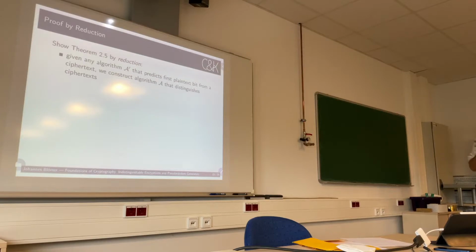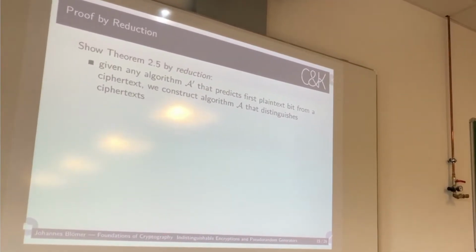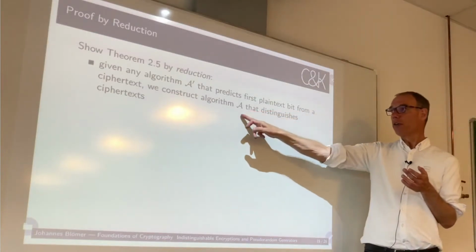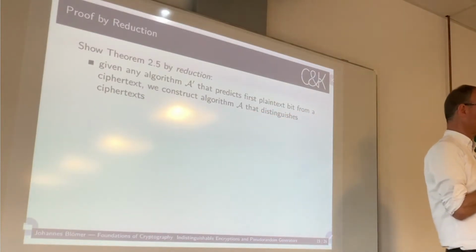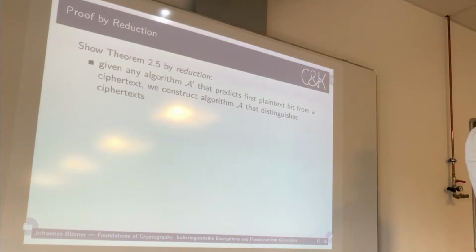And what we do is, given an adversary A prime that predicts the first plaintext bit from a ciphertext, we use that algorithm to construct a new algorithm that distinguishes ciphertext in the eavesdropping game. Okay?